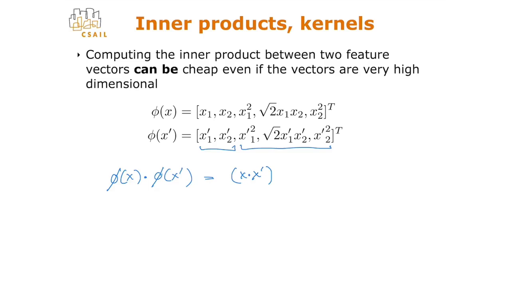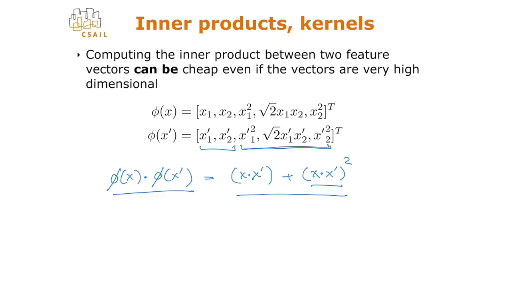You can verify that what I get there is just x inner product with x prime, and that scalar value to the power of 2. So if you expanded this, you would get the inner product that arises from these coordinates. Okay? So this inner product between two feature vectors can be evaluated cheaply based on just taking inner products of the original examples and doing some nonlinear transformations of the result.